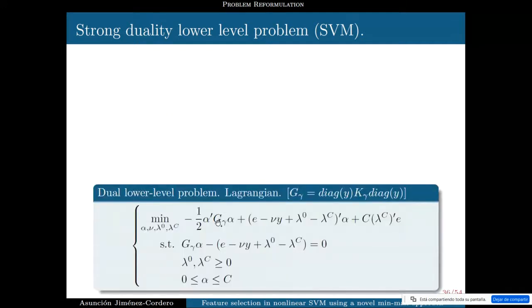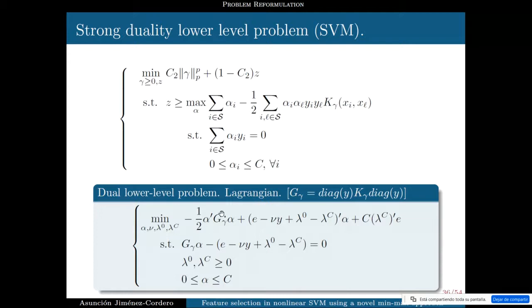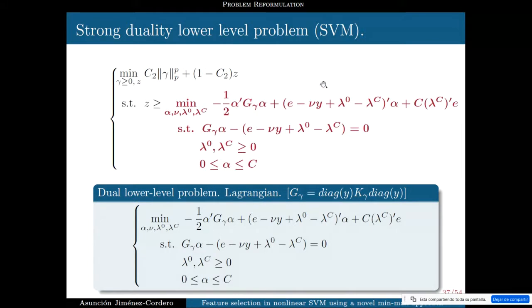Well, this is the standard form to calculate the dual, so we use the Lagrangian. And here there's some notation, so this G gamma is nothing but the product of these matrices here, where the kernel appears here. This is the dual of the lower level problem, and we can replace this lower level problem by its dual.